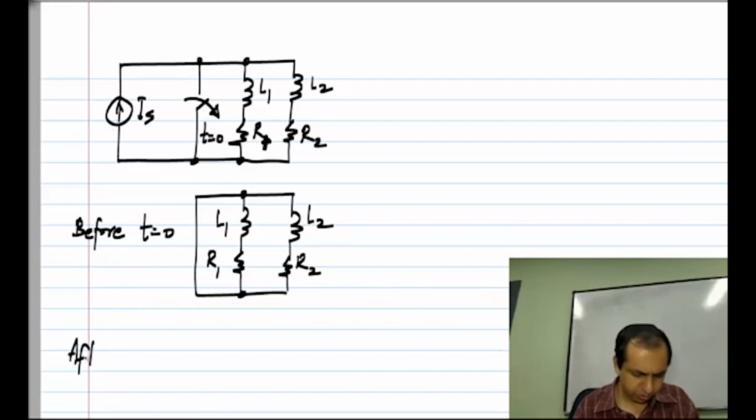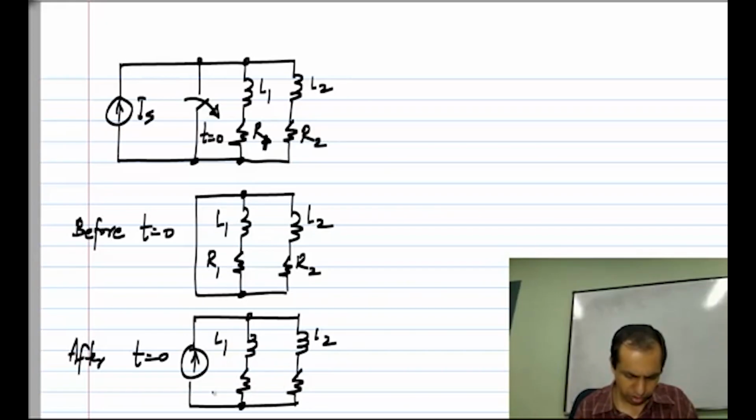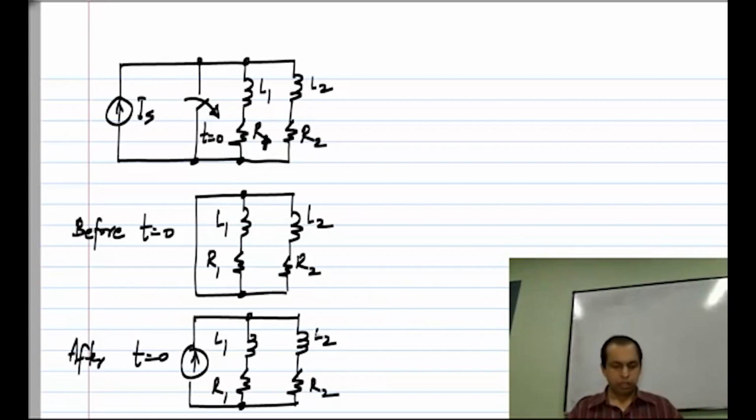And after t equals 0, we have the current source driving these two parallel branches. So let's say the value of this is Is.